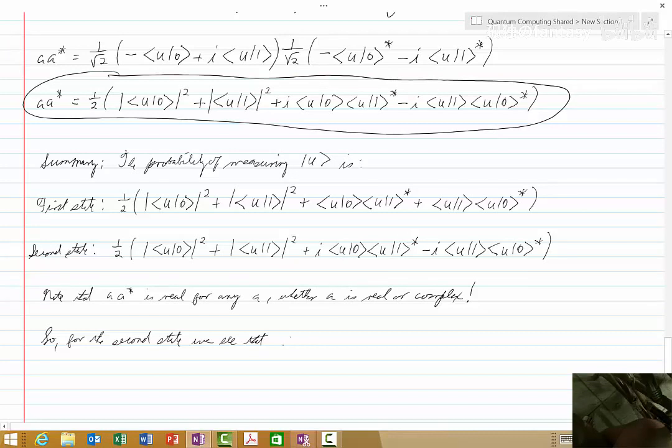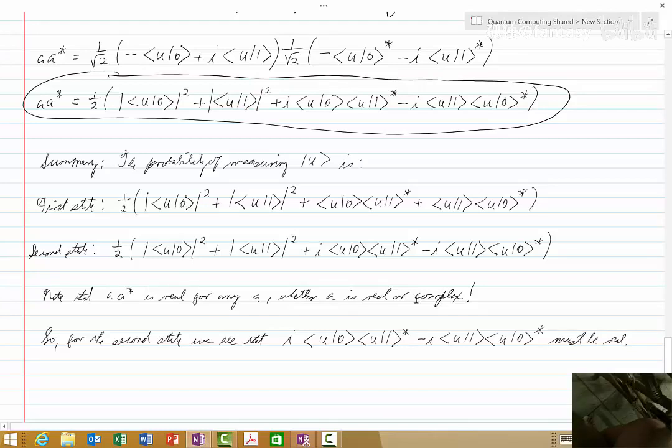So we can see that i times the inner product of u with 0 times the complex conjugate of the inner product of u with 1, minus i times the inner product of u with 1 times the complex conjugate of the inner product of u with 0, that must be real.